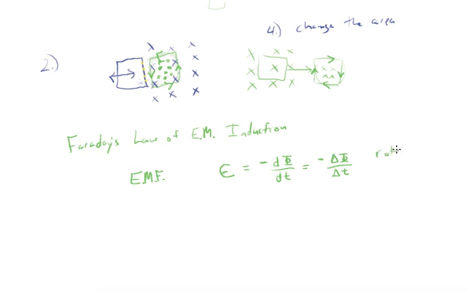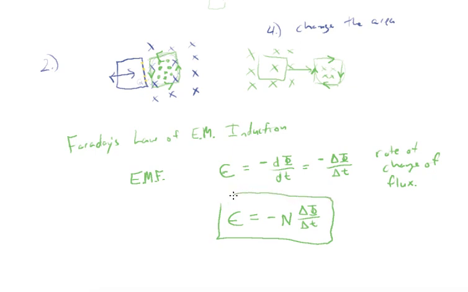Okay? And this is the EMF that's created for just one single loop, but in your data booklet, you're going to get it with that whole flux linkage thing, which is just the extra factor, the number of turns, N, times the change in flux per time, and that's the equation that you're going to have to know.